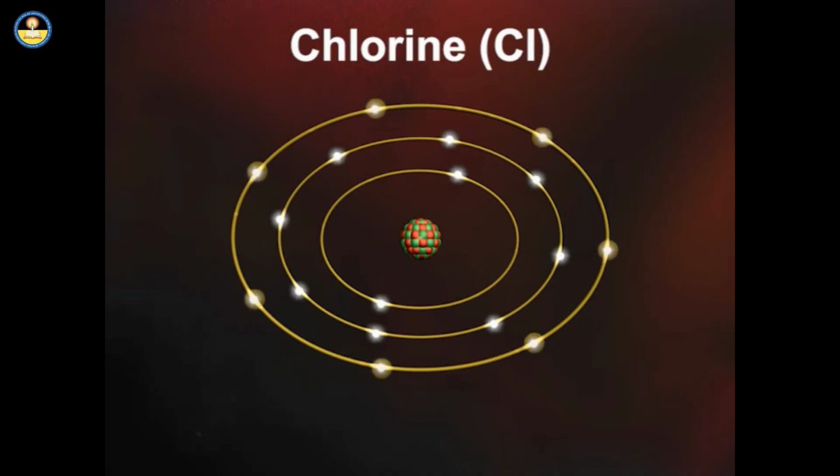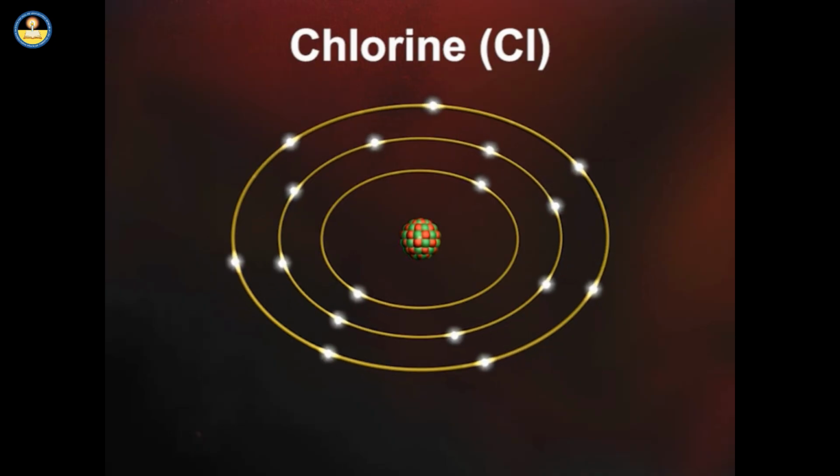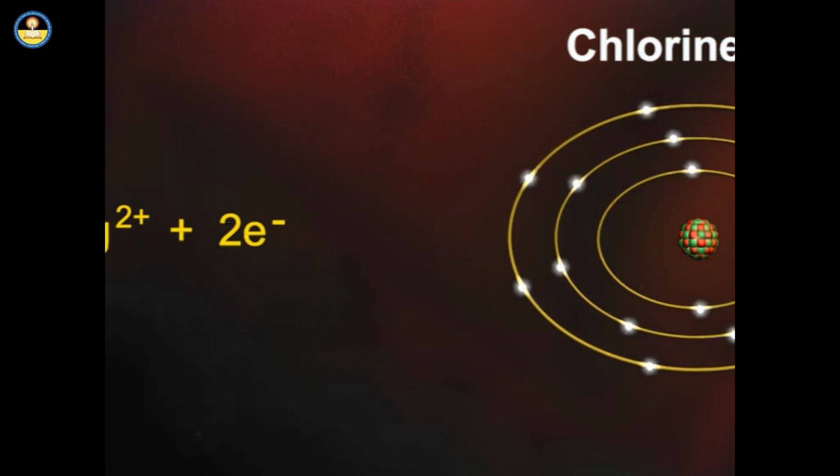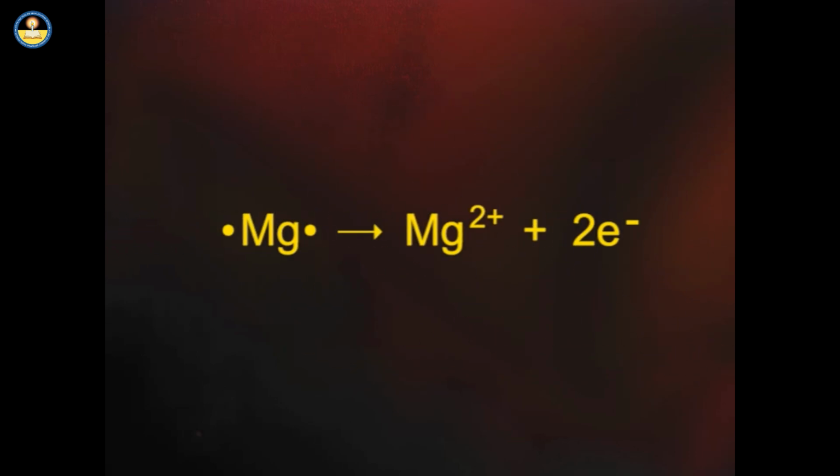Chlorine, a non-metal, has 7 valence electrons in its outermost shell. To achieve the noble gas configuration, it has to get 1 extra electron. But the number of electrons lost in forming an Mg2+ ion is 2.